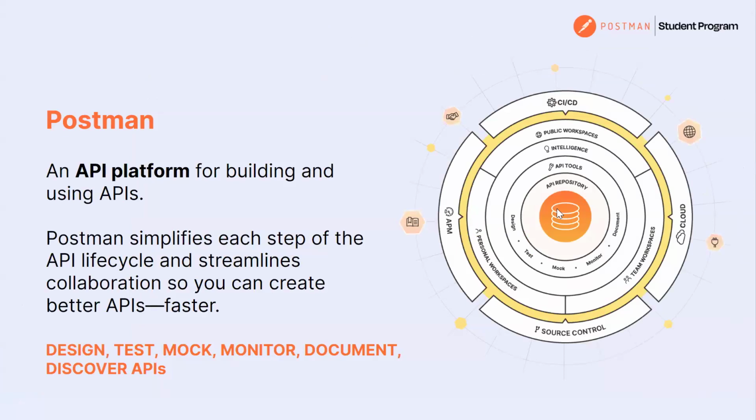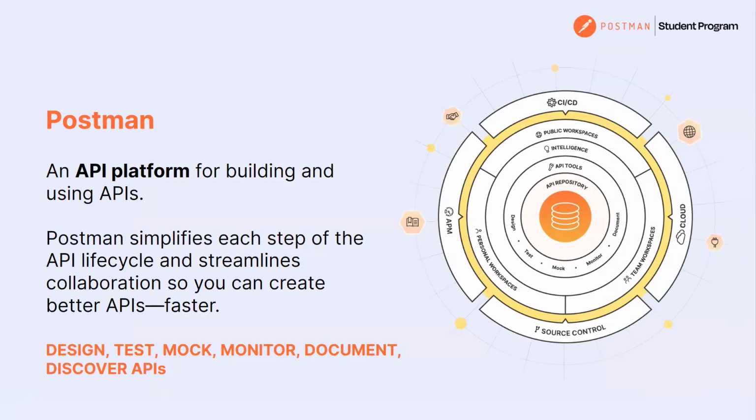So now moving on, what is Postman? We have talked about APIs, and now we will be talking about Postman. Postman is a collaborative API development platform that allows users to create, test, and run APIs.